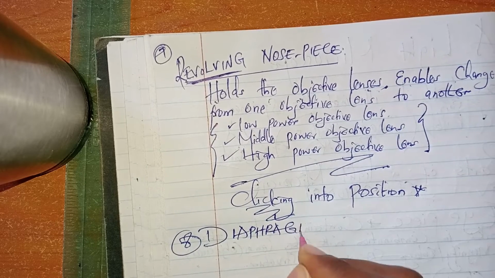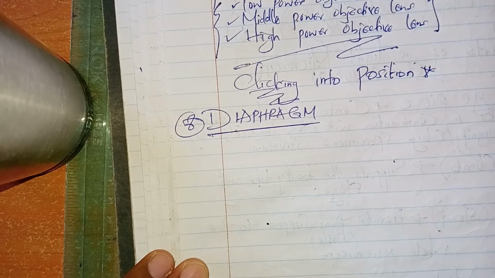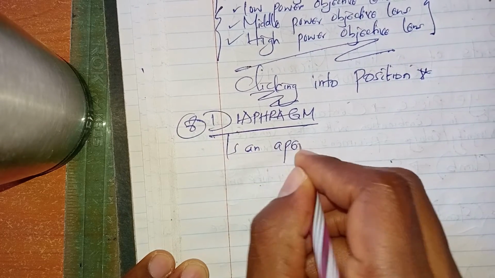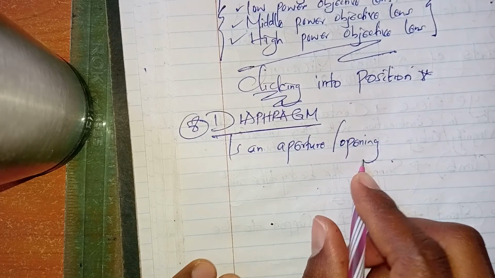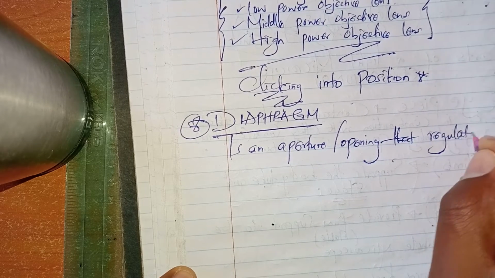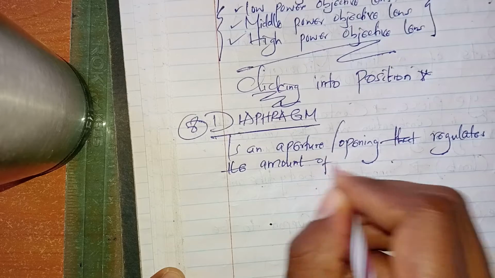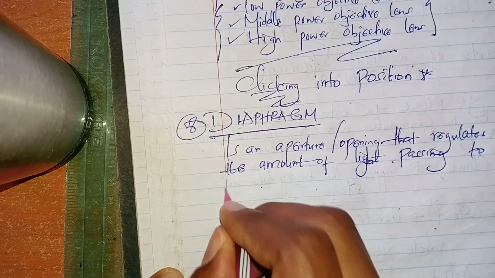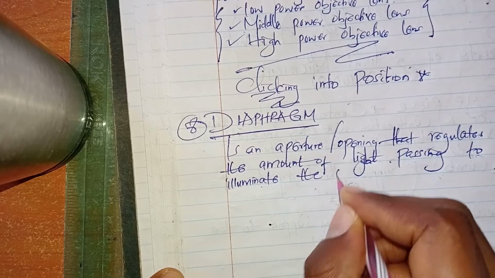The diaphragm is an aperture, an opening, but still can be closed, that regulates the amount of light passing to illuminate the specimen.